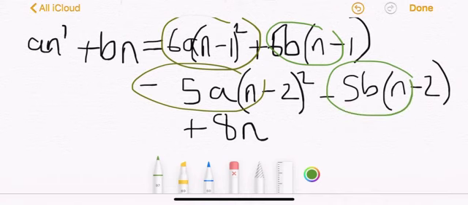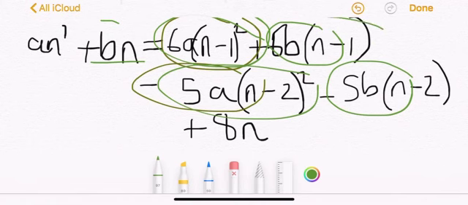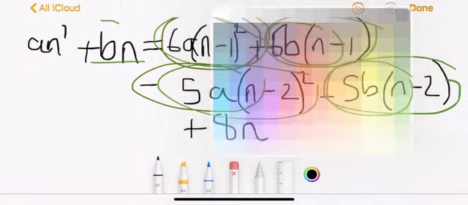So we get 6bn minus 5bn, which is bn. So that will cancel with this bn on the left-hand side. So all we need are the linear terms from here, and the constant terms from here and here. And we're going to get a 0 on the right-hand side.